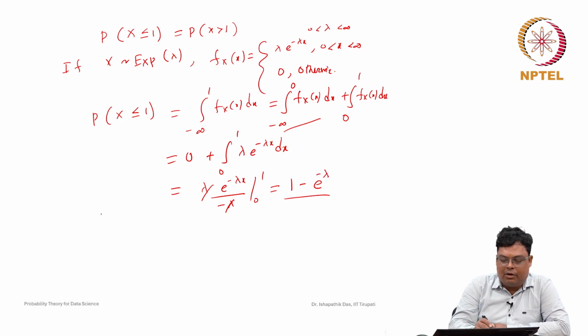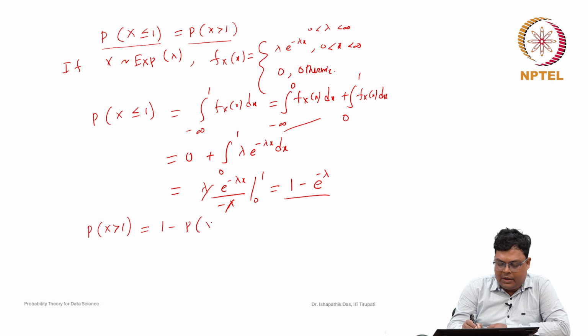Now what will be the probability of x greater than 1? Because both are the same, x greater than 1 is the complement of x less than or equal to 1.